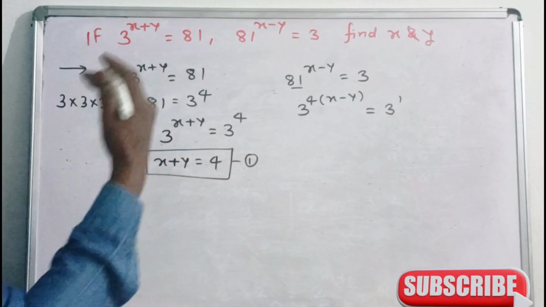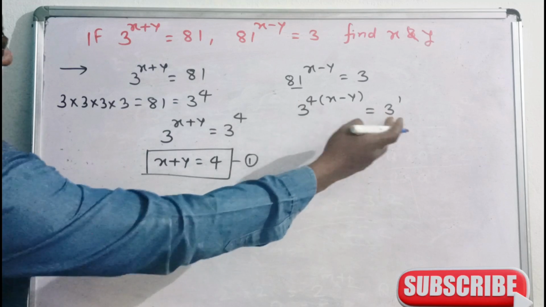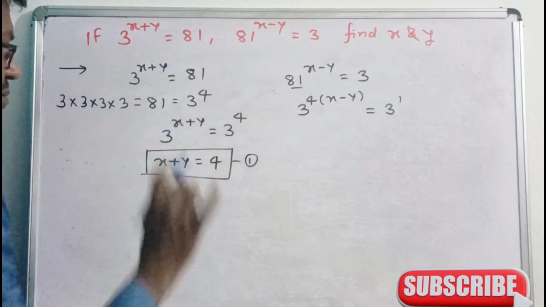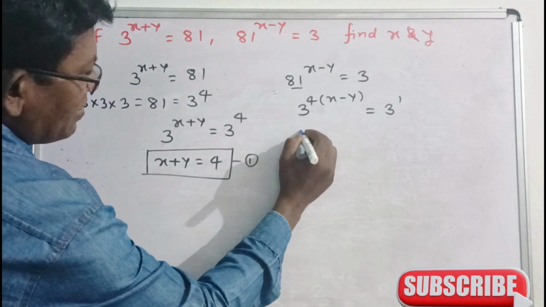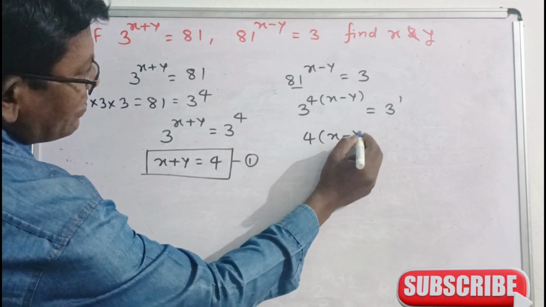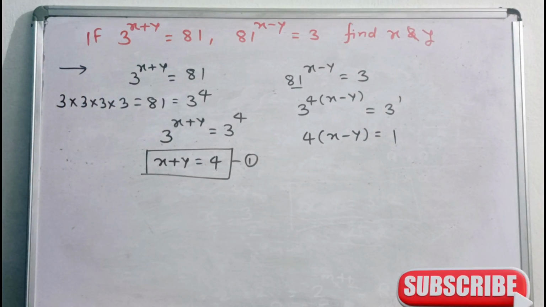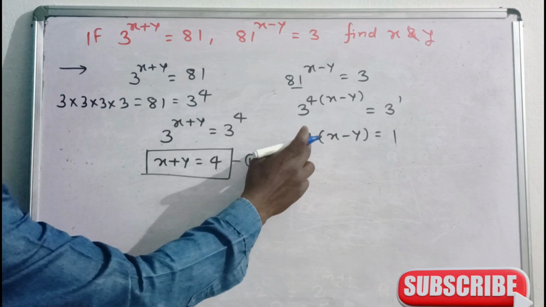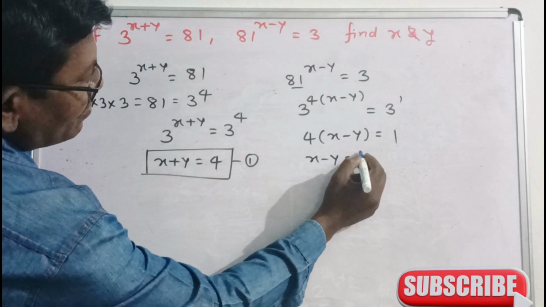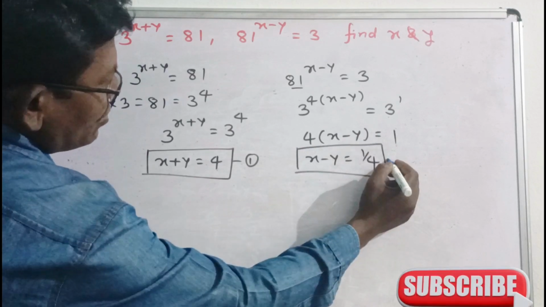If the base is same, ultimately the power is same because it indicates equal. ये दो साइड इक्वल है, अगर ये दो साइड इक्वल है तो बेस सेम है तो पावर भी सेम ही होना चाहिए। इक्वेटिंग द पावर 4 इन ब्रैकेट x minus y is equal to 1. Then ये 4 को उधर लेके जाइए, x minus y is equal to 1 by 4, इक्वेशन नंबर 2.